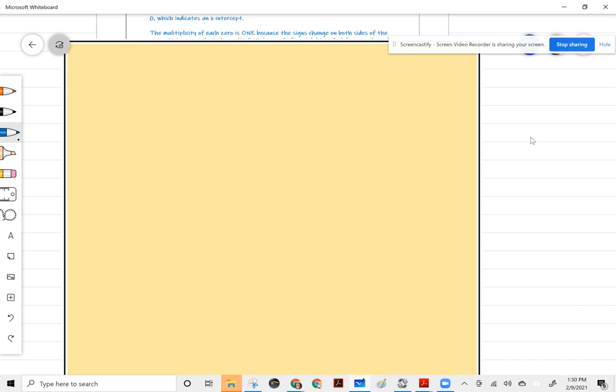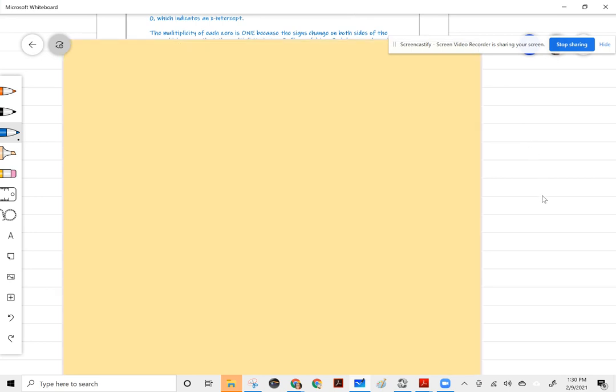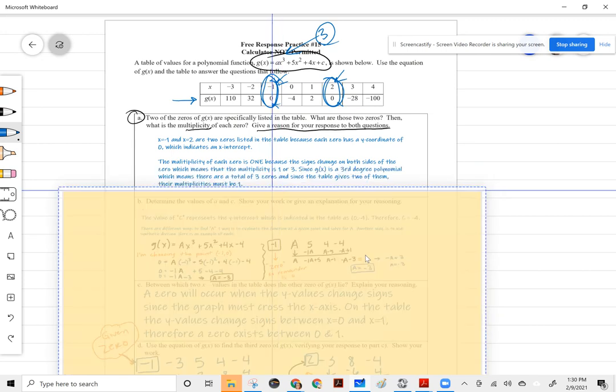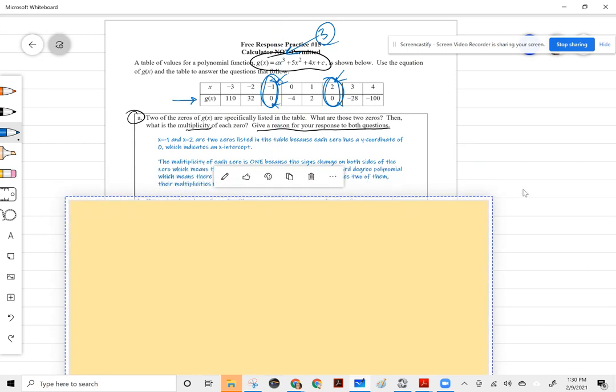All right, and that's simply because if we take a look at the original function, this is a third degree polynomial. So that means there are 3 zeros. This would be 1, this would be another 1, and the third can't have a multiplicity of more than 1 simply for that reason.